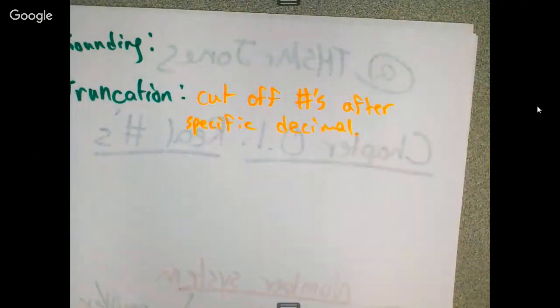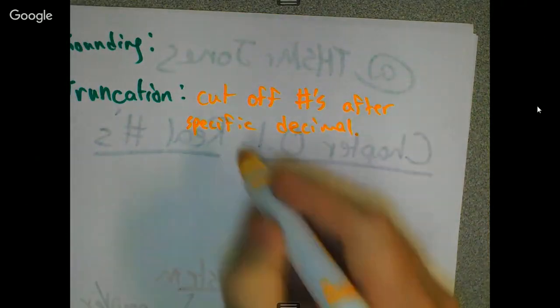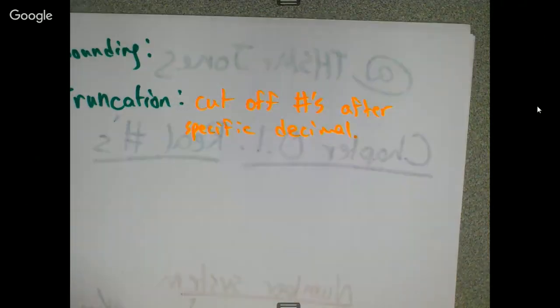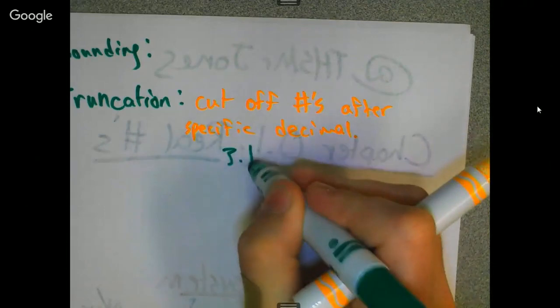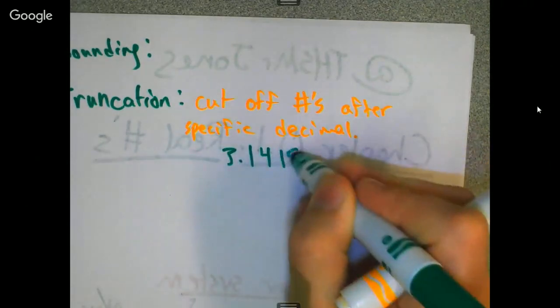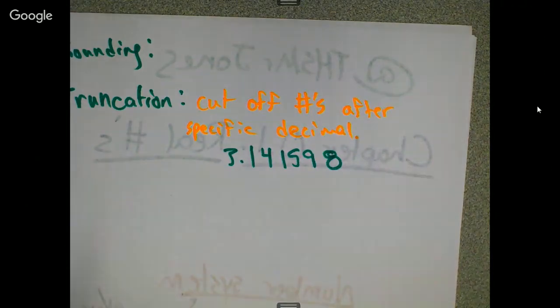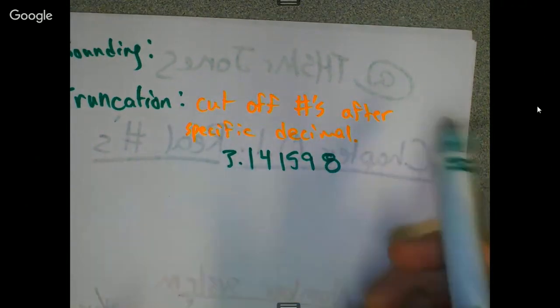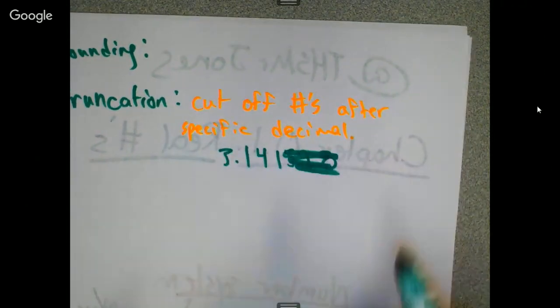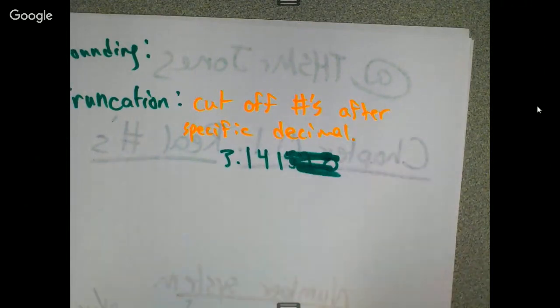So if I say truncate to the third decimal place and I have this number, let's say I have 3.141598. Okay, and I say truncate to the third decimal, so that's 1, 2, 3. You just ignore this. Okay, so it's 3.141.